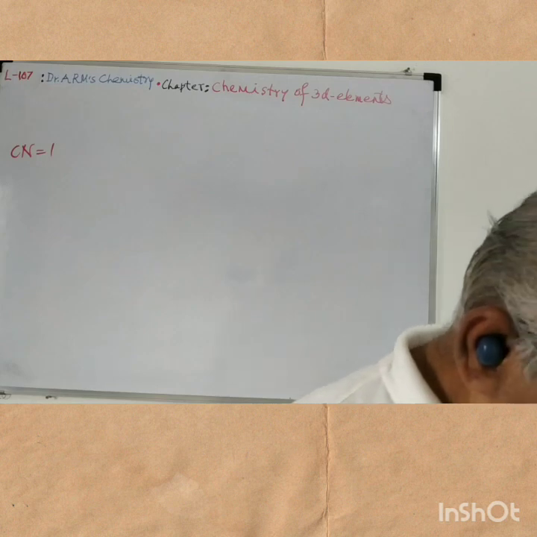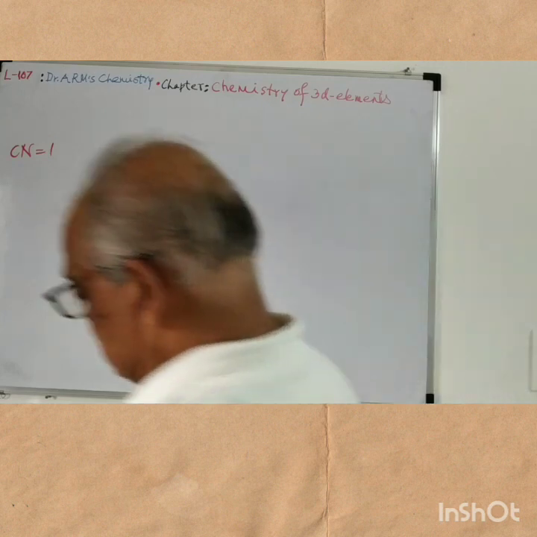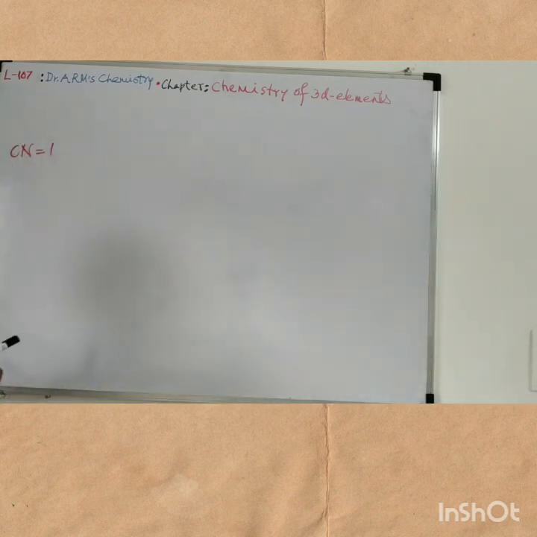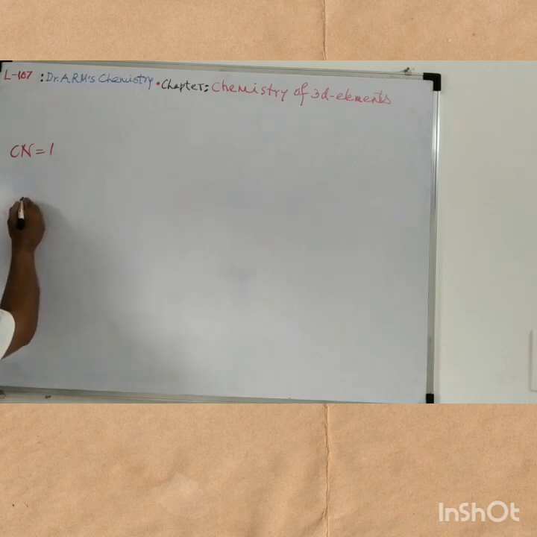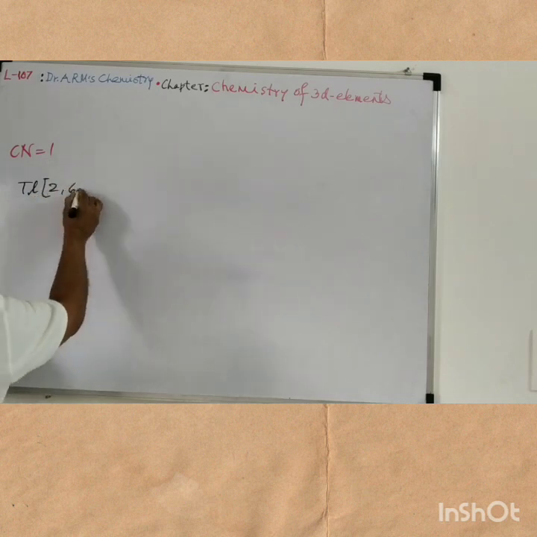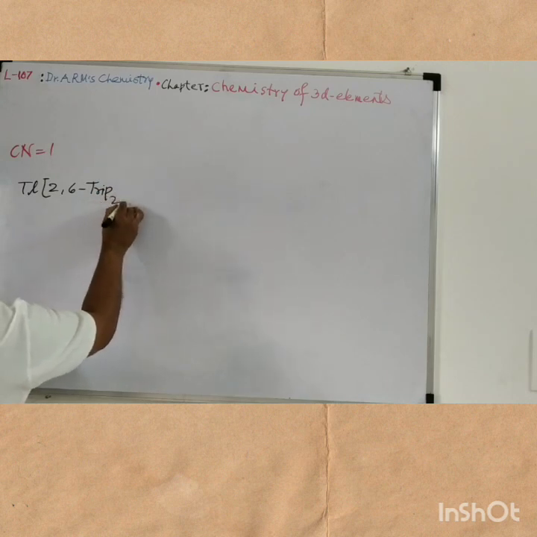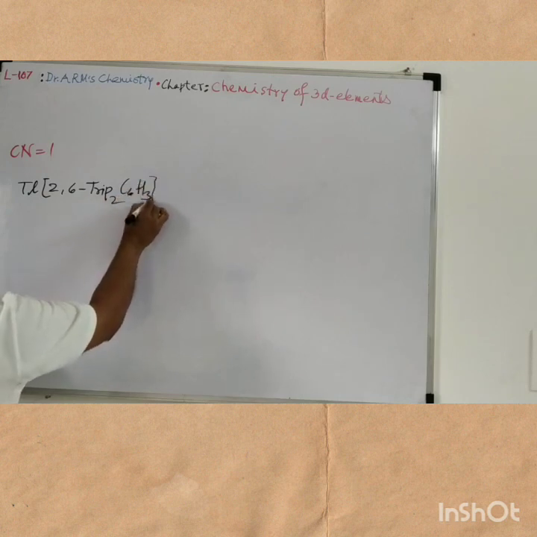For example, we can have this example, that is Te(2,4,6-triisopropylphenyl), C6H3.